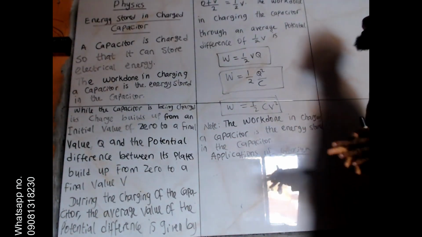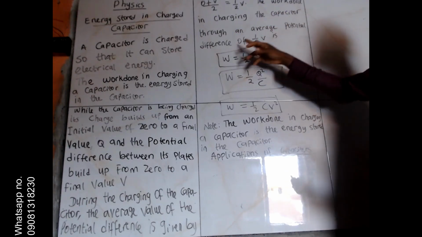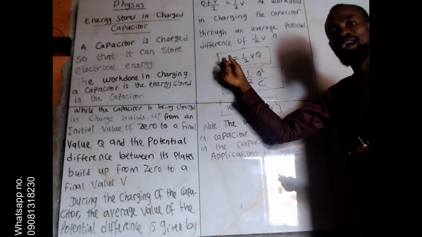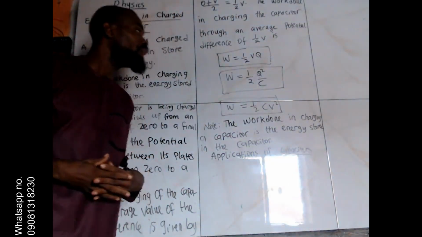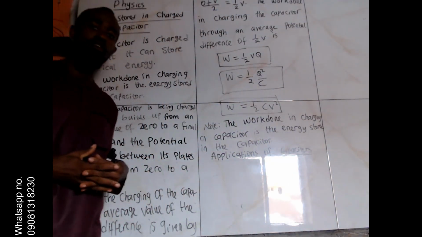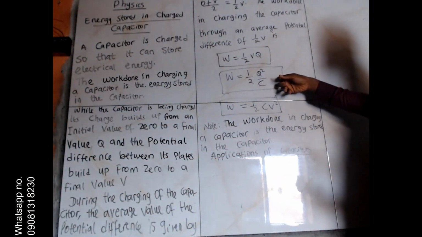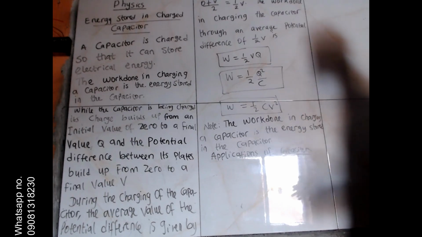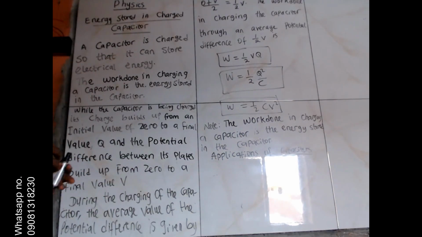So that is the formula for work done in charging a capacitor. Modifying it further from C equals Q over V, we arrive at this and this. So we have three formulas for electrical work done in charging a capacitor.